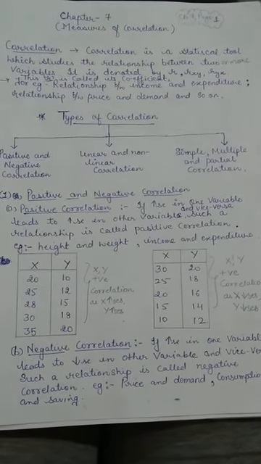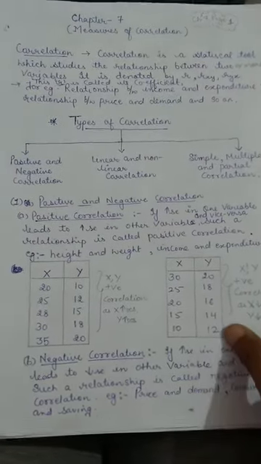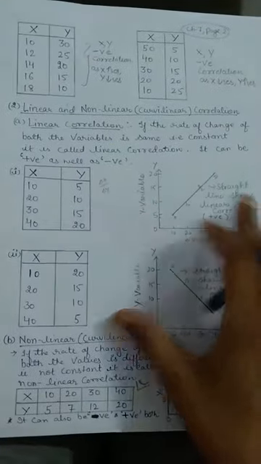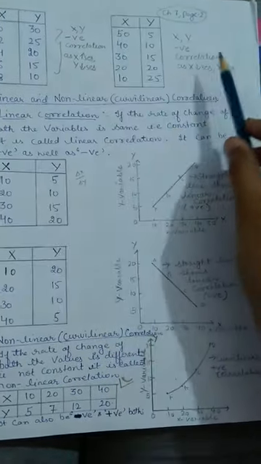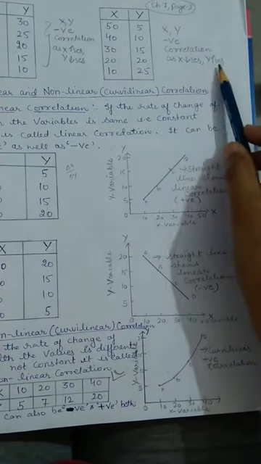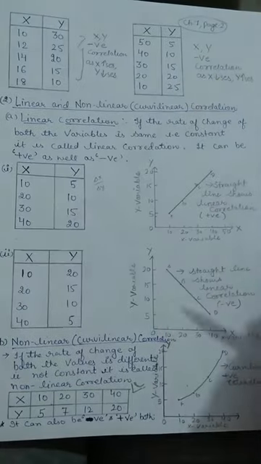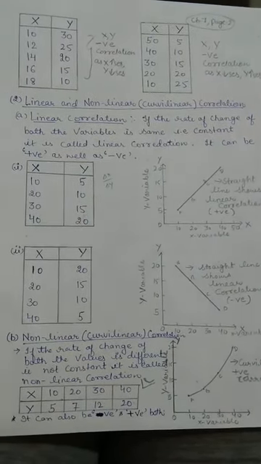Such a relationship is called positive correlation. In case of negative, it was opposite: if one variable increases, the other variable will decrease. If one variable decreases, the other variable will increase.